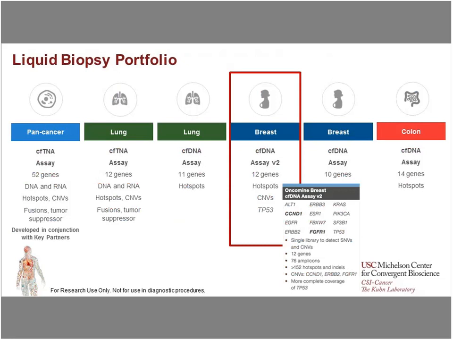Compared with the breast cfDNA assay, this Research Assay V2 has 2 more genes covered, CCND1 and FGFR1, and expanded coverage on TP53. Other than the SNVs, this assay can detect CNVs of CCND1, ERBB2, and FGFR1 on the same library.